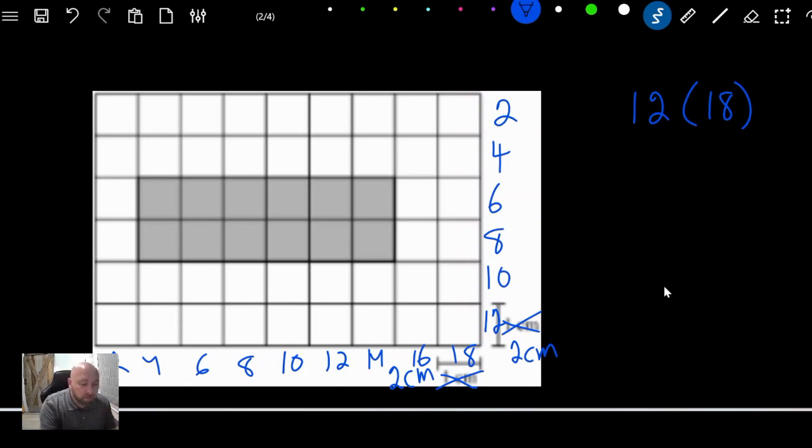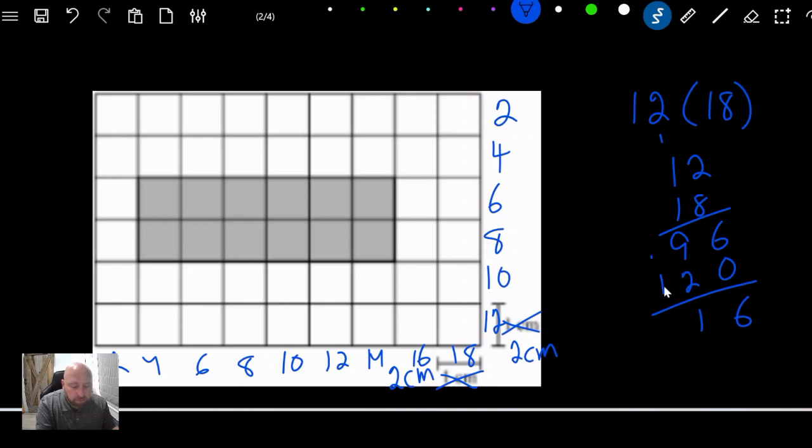And you can just come over here and do that real quick. So 12 times 18 is going to give you 216 square units. And they were centimeters, square centimeters.